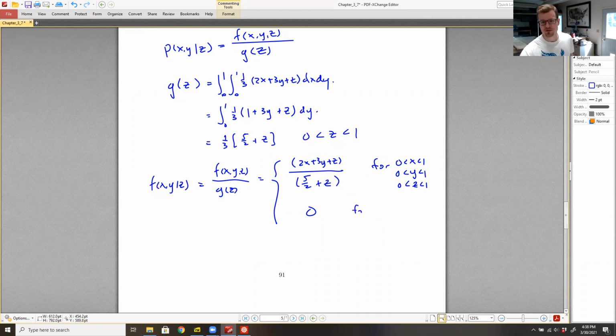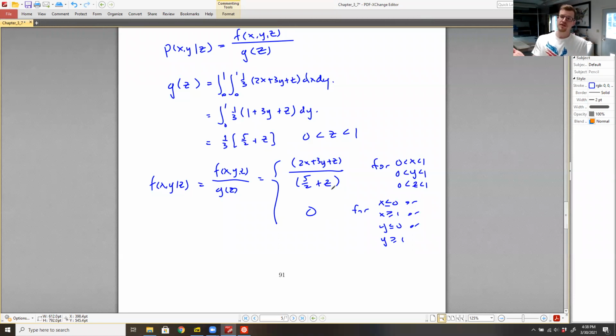So this is for several collections of things, right? This is for x less than or equal to 0, or x greater than or equal to 1, or y less than or equal to 0, or y greater than or equal to 1. Okay, and I make no reference to z because it's undefined where z takes on those values.